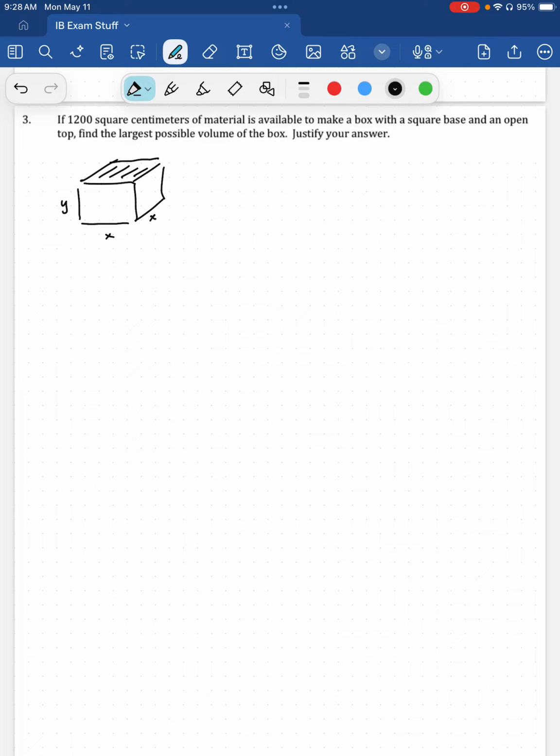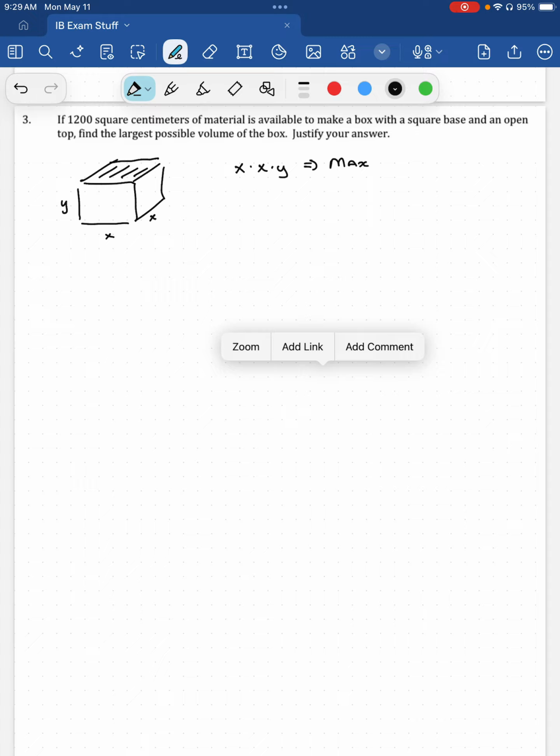So the volume of this box is length times width times height, and we want the largest, so we're going to maximize that. Now, the surface area is what we're looking for in this box when we have the 1200 square centimeters. So the front of the box is x times y. That's also the back of the box. So we're going to have two xy's for the front and the back.